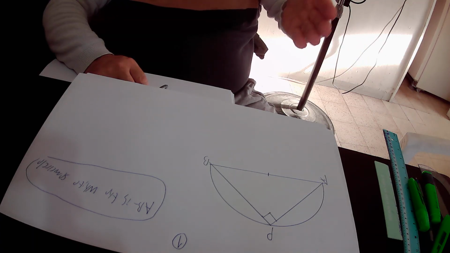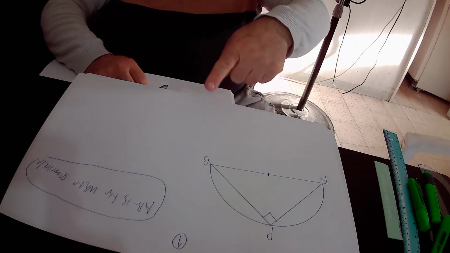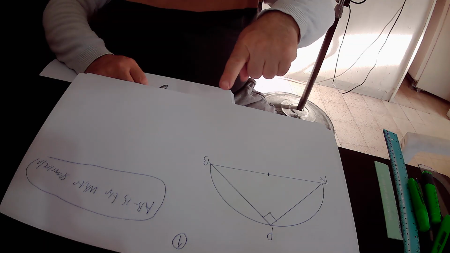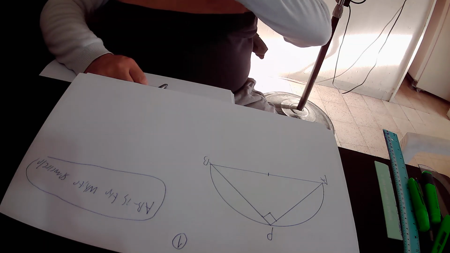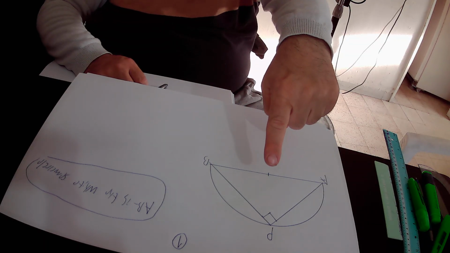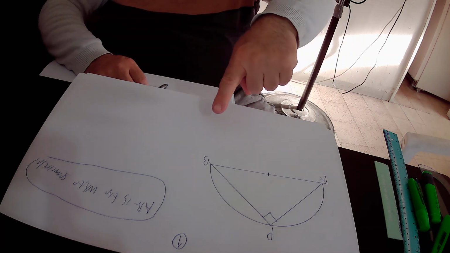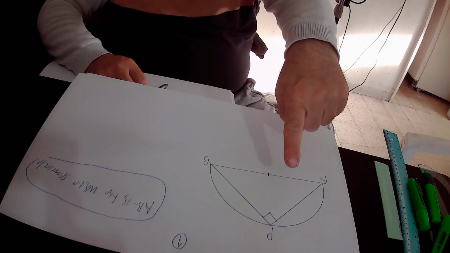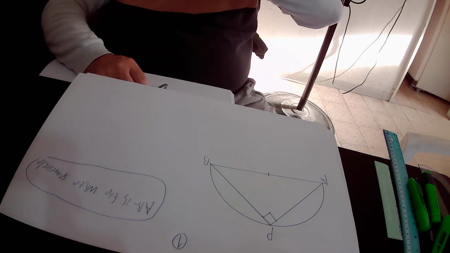What is the meaning that peripheral angle APB equals 90 degrees? It means that line segment BP is perpendicular to line segment PA.